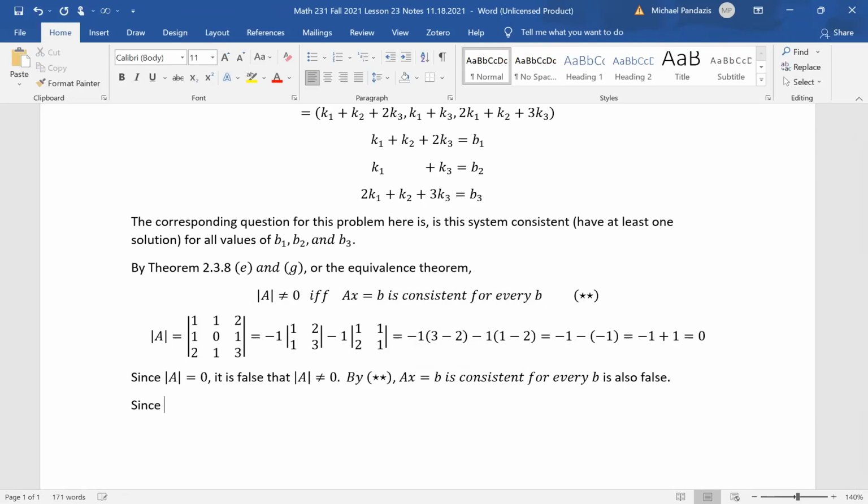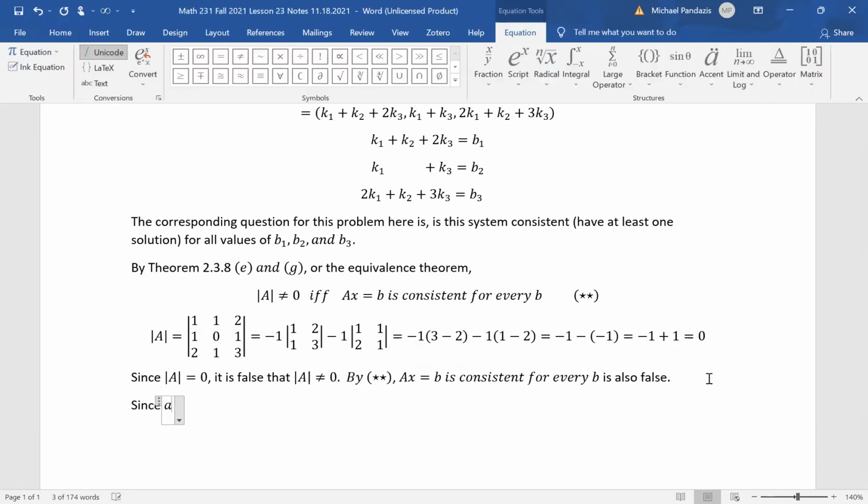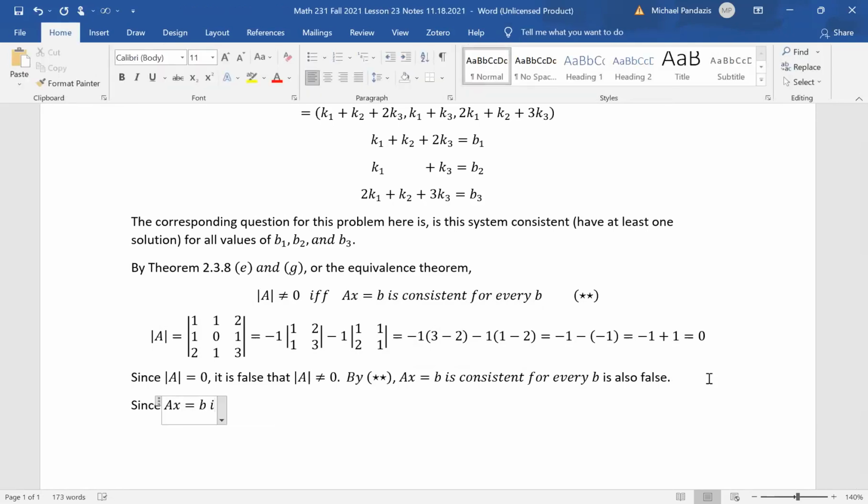Okay, so since Ax = b is consistent for every b is false, we know that Ax = b is not consistent for some choice of b, little b.